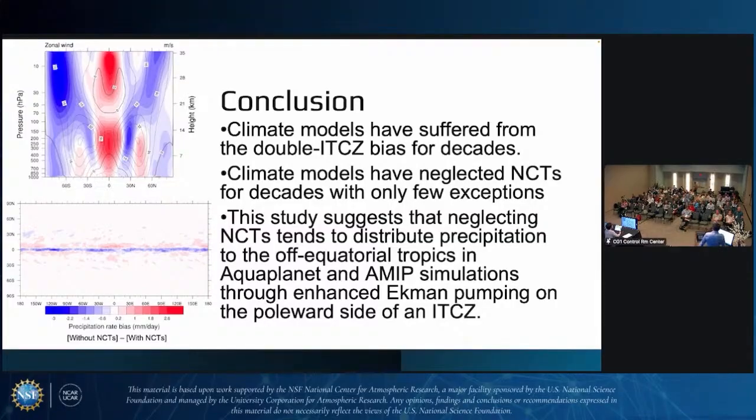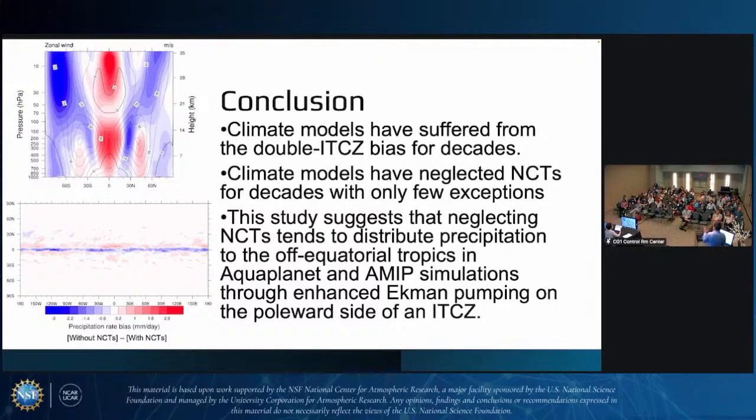I was wondering whether you've looked at something like latent heat flux, because all things being equal, your expectations are what you said, but of course if you're changing the surface winds, you're changing the latent heat flux, and then the cycle kind of adjusts potentially. You mean latent heat flux? Surface latent heat flux. Yes, I also see improvement in that regard. So I compare the latent heat flux.